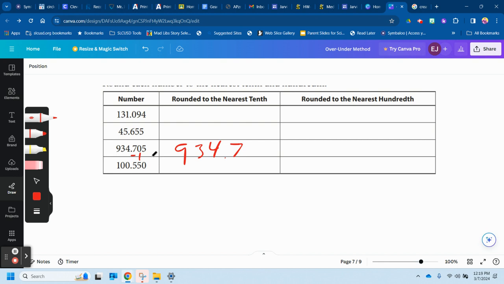Nearest hundredth. The 0 is in the hundredth place, so my rounding place is the hundredth. I look 1 to the right. 1 to the right is 5. 5 or more, increase the score. 4 or less, no change is best. This is a 5.